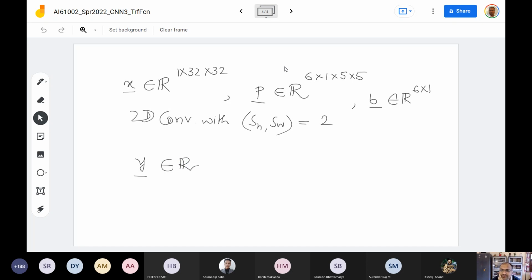What will be the size of y in this case? Six cross 14 cross 14. So this is going to be 6 cross 14 cross 14.